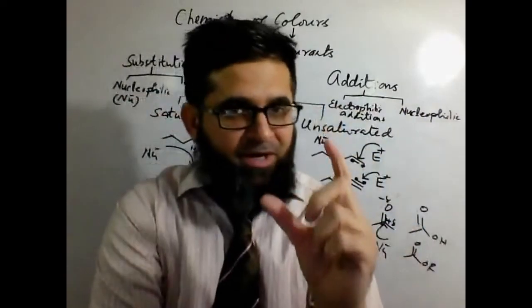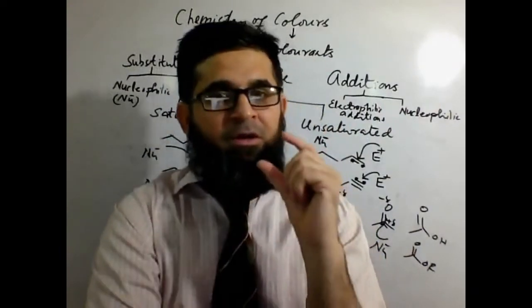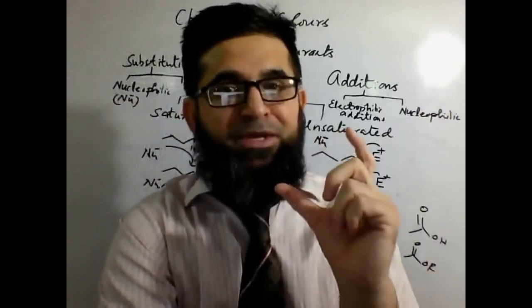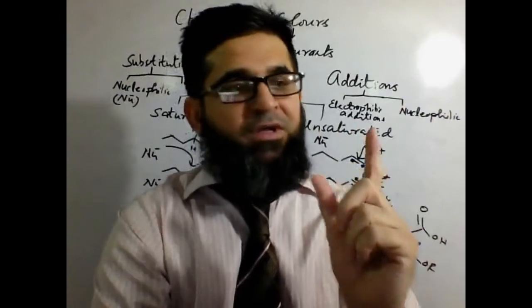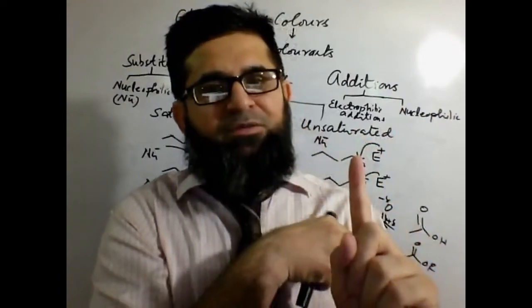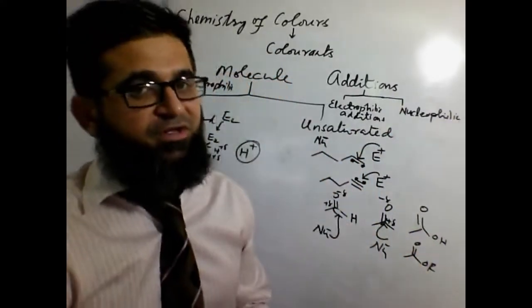I'm repeating it again. If the molecule is a saturated one, valency is filled, so no addition could happen. However, an existing electrophile could be replaced with another electrophile. So it could undergo electrophilic substitution.